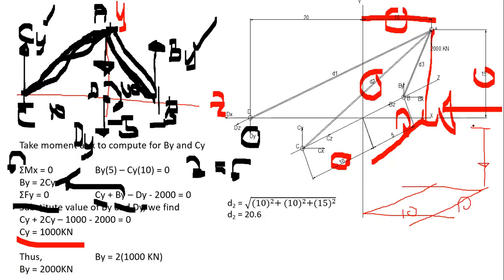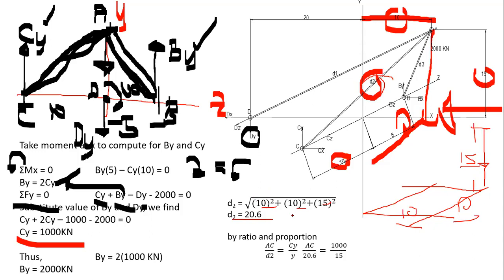Tapos yung height naman niya is equal to 15. Okay? Ito lang ang dapat na kunin nyo para makompute yung D2. So we can compute D2, just the square root of the squares of these three coordinates, for x, y, and z. Then we can compute D2. By that, we can compute by ratio proportion. Makompute natin ang AD na 1373.